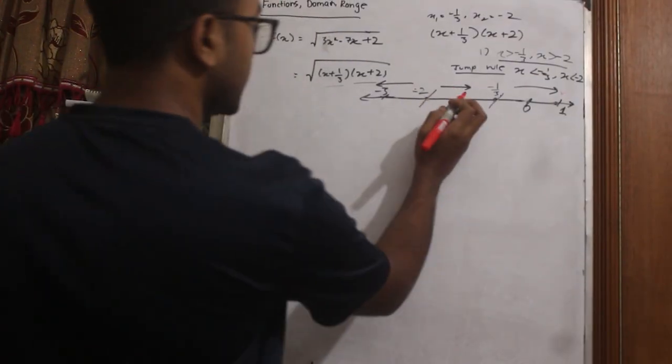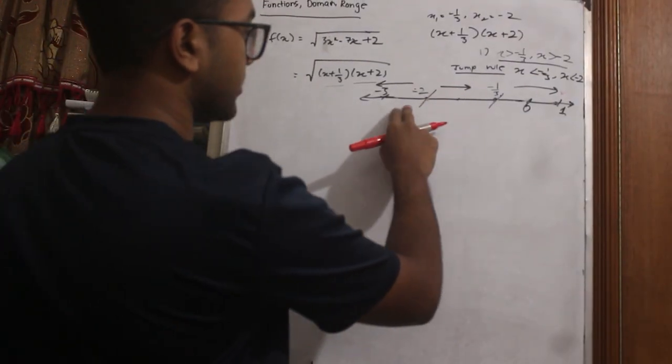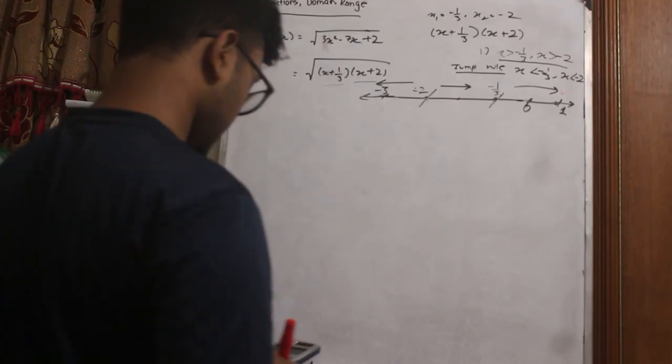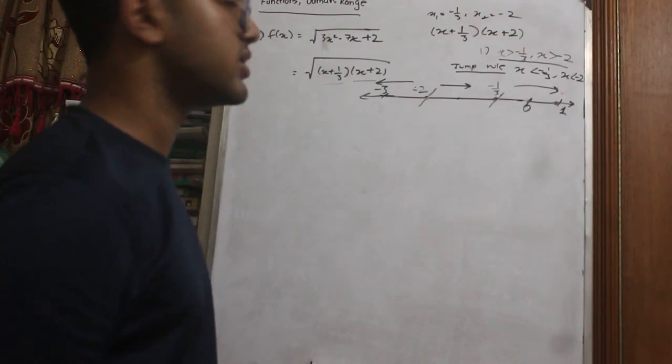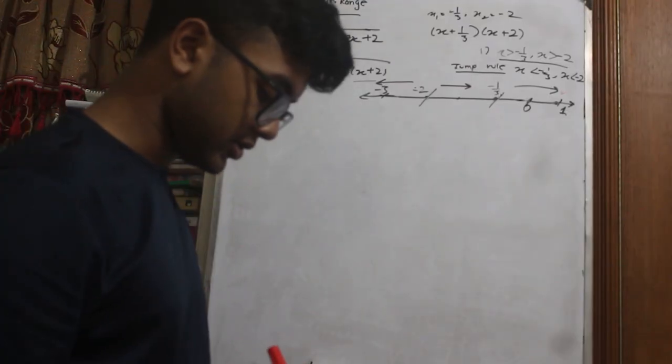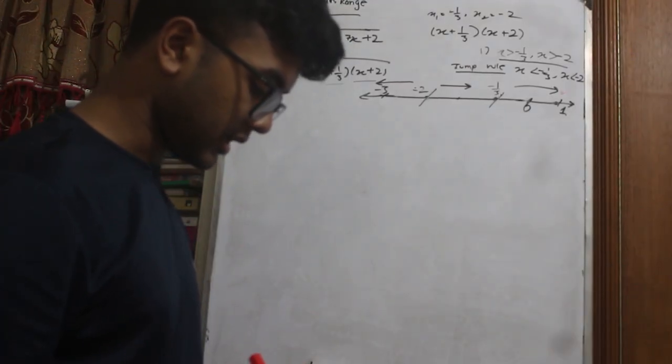And now we test the second part, which is between minus 2 and minus 1 by 3. So what's the value between minus 2 and minus 1 by 3? Let's just put minus 1 by 5.